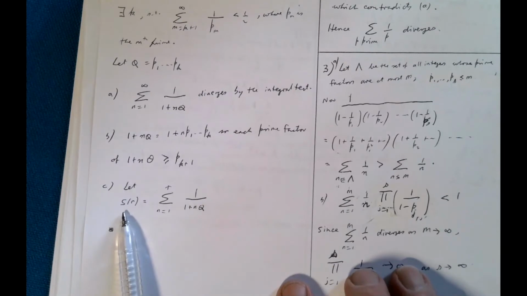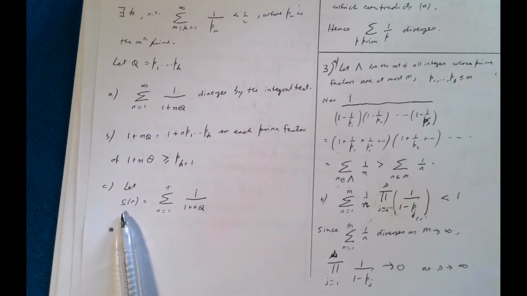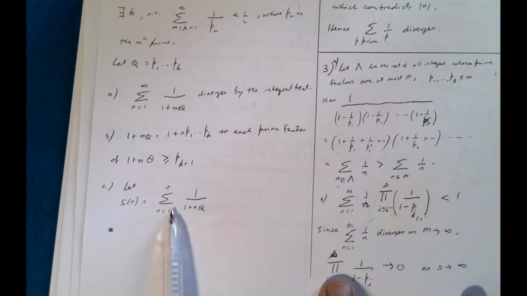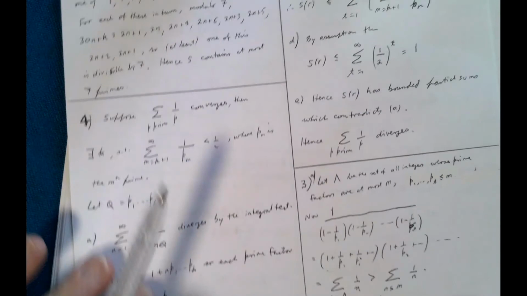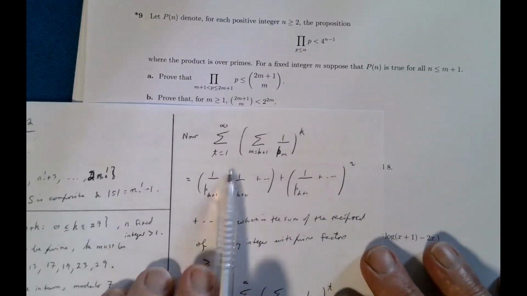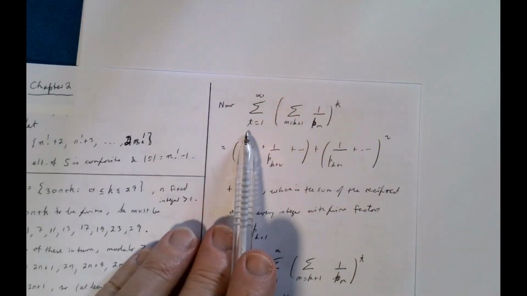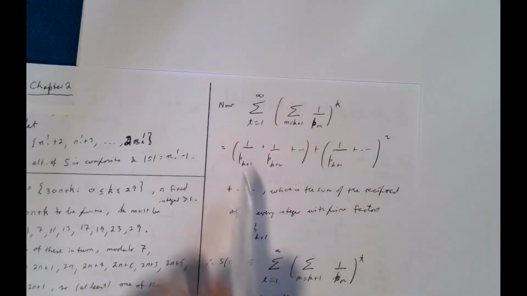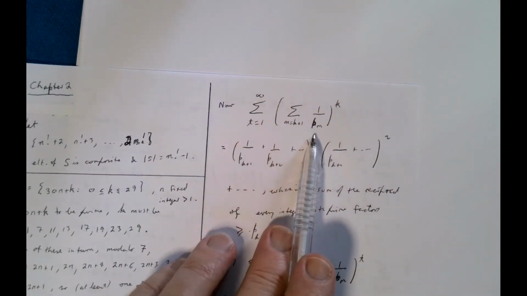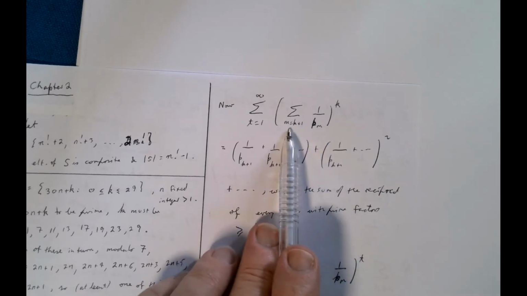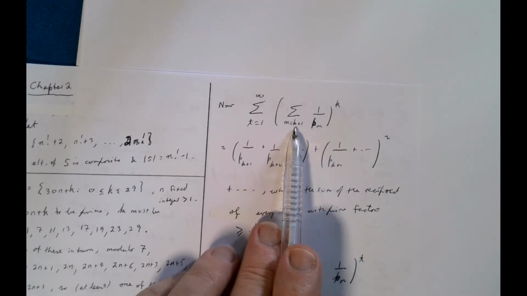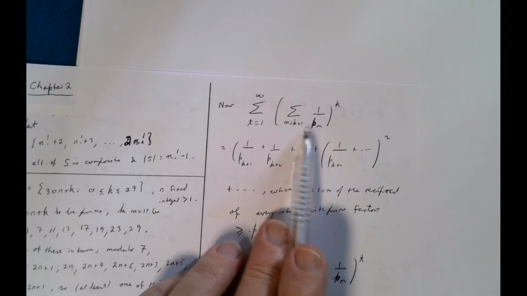Now, for the slightly more difficult bit here, we let S sub r be the partial sums of this 1 over 1 plus nQ. And we were asked to look at this sum here, which is t equals 1 to infinity of this sum, where m equals k plus 1 onwards.